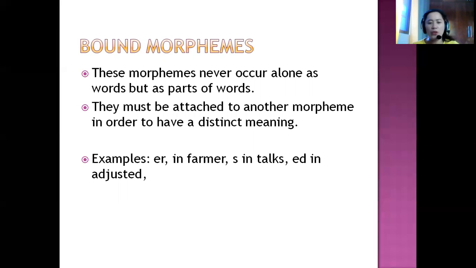Also for the word adjusted, if you will be asked how many morphemes are there in the word adjusted, there are two morphemes. First is the adjust, and second is the -ed.